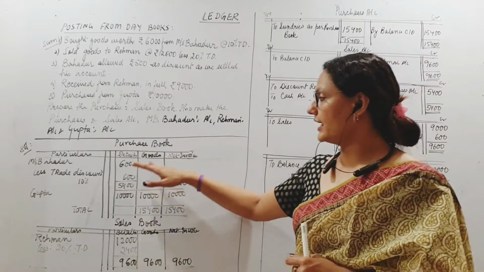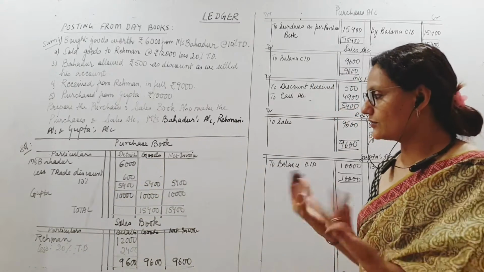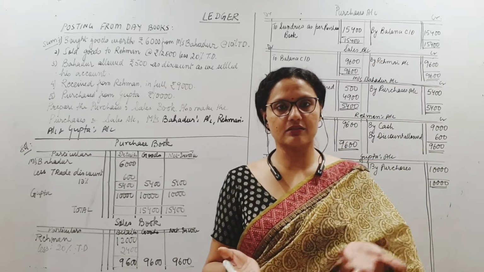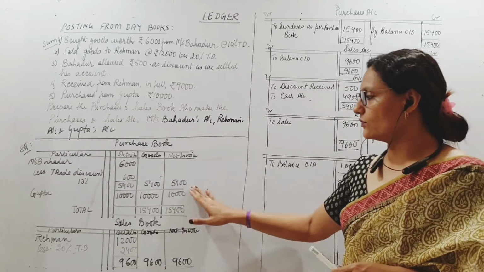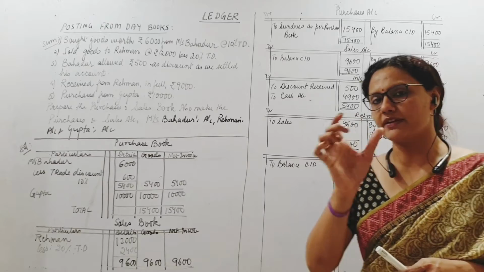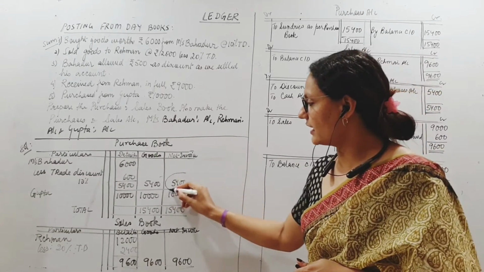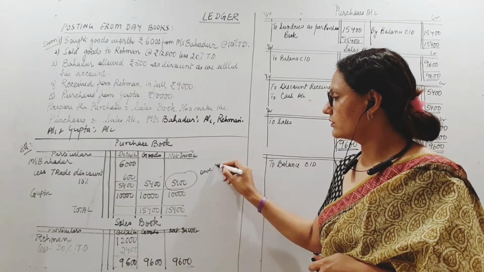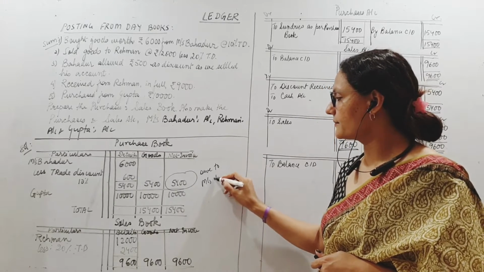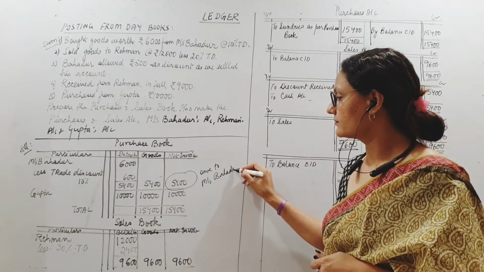That should be shown in goods account. And since there is no addition, no taxes, no carriage here, this is the net invoice, meaning the net amount in the bill will be 5,400. 5,400 shows this is the amount I owe to Messrs. Bahadur.